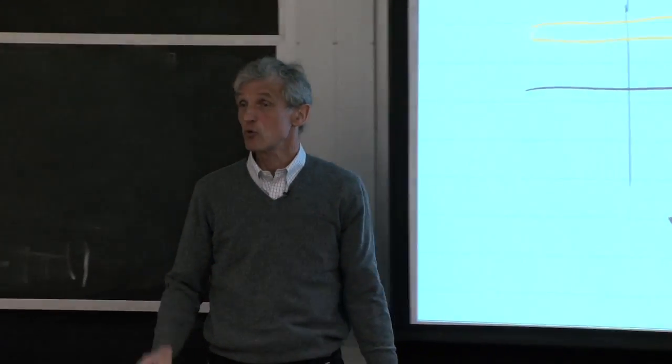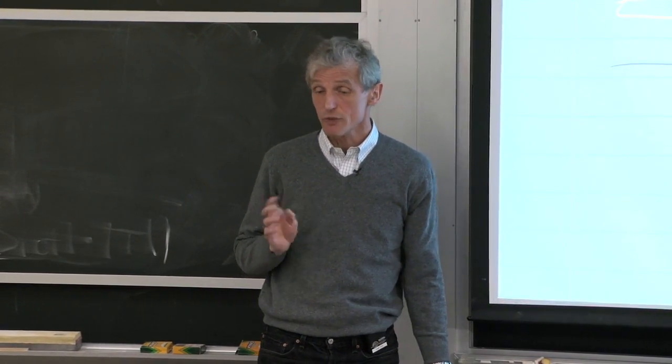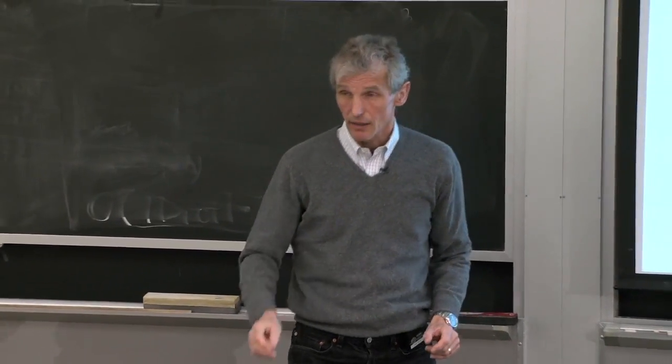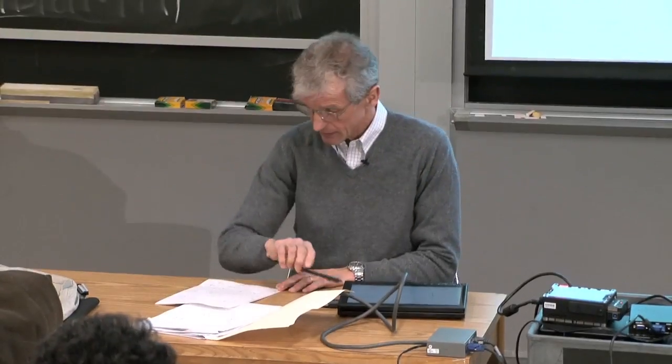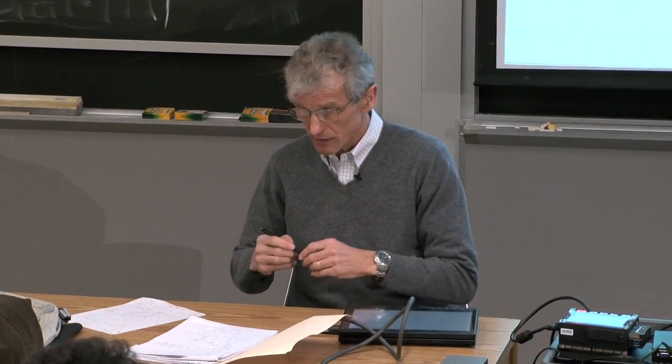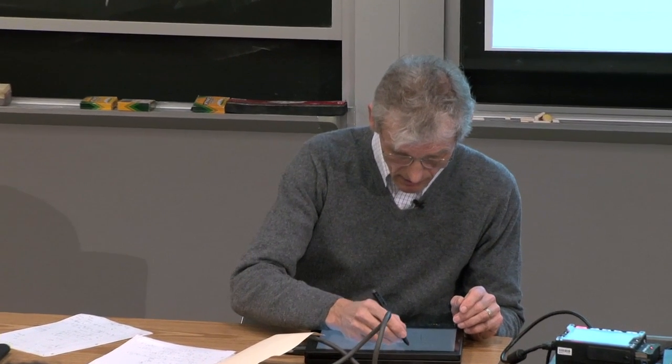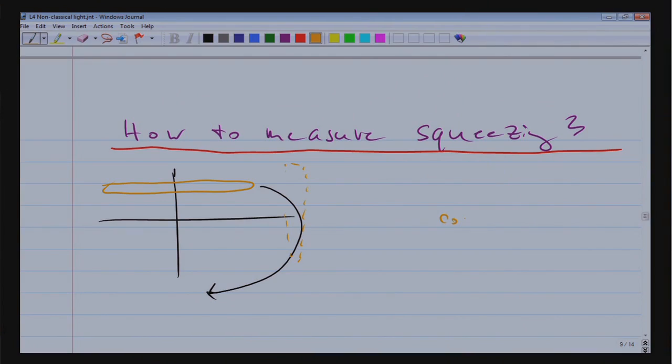But instead of doing a stroboscopic measurement, we can do something else. Remember, we have a distribution of cosine omega t and sine omega t, and we have a distribution of coefficients c and s, and we know we are interested in the cosine omega t.